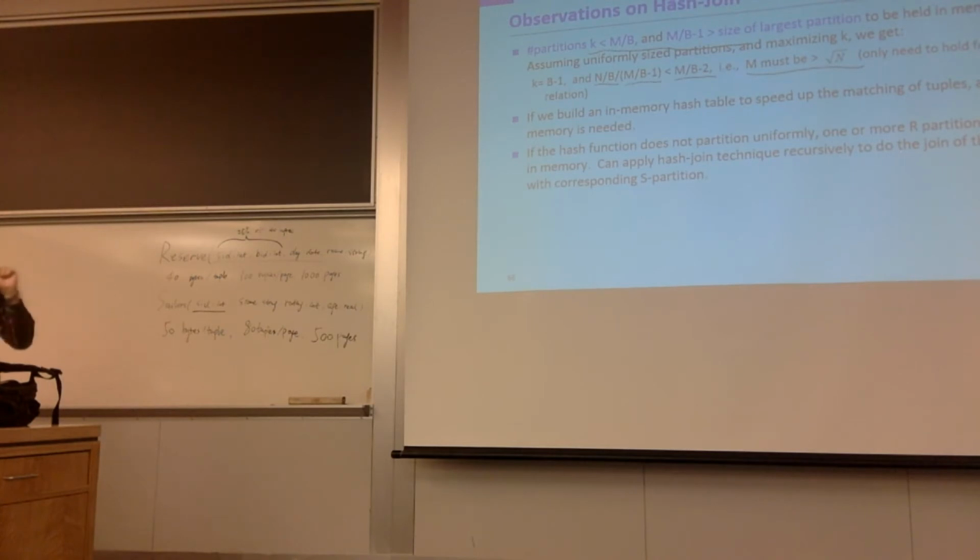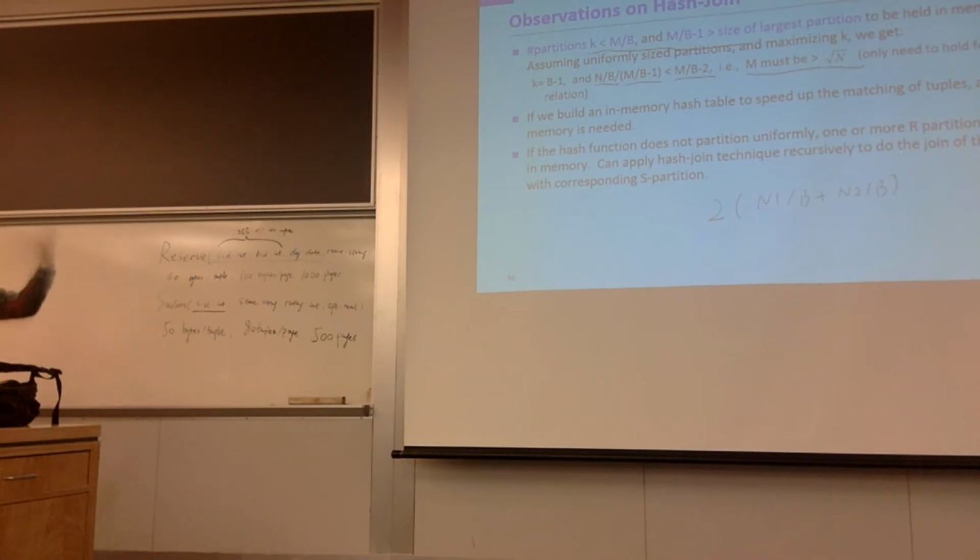Then, if you can do this in 2 passes, how many I/Os do you need for this hash join? For the first phase, you read everything once and write everything once. That's partitioning, so that contributes 2 times n1 over b plus n2 over b. For the second pass, you only need to read everything once.